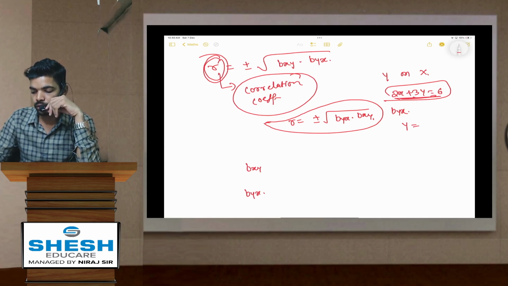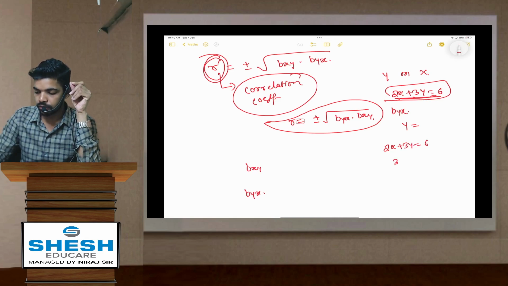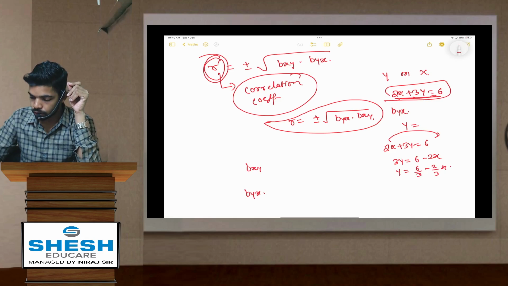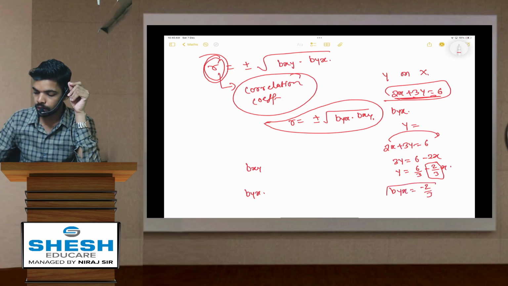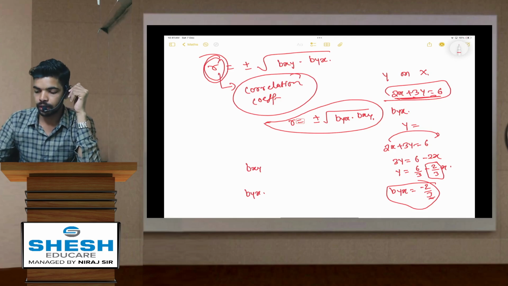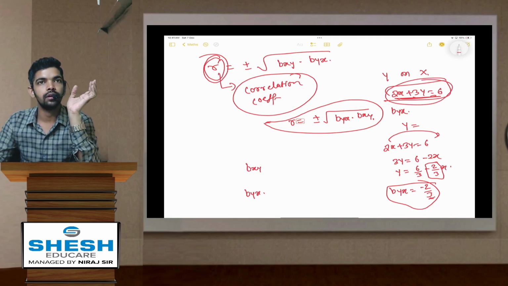Simplify this: 2x plus 3y is equal to 6. So 3y will be 6 minus 2x, and y will be 6 upon 3 minus 2 by 3 into x. Now the coefficient of x is minus 2 by 3. So byx will be minus 2 upon 3. This is how we can find the regression coefficient if the equation is known.